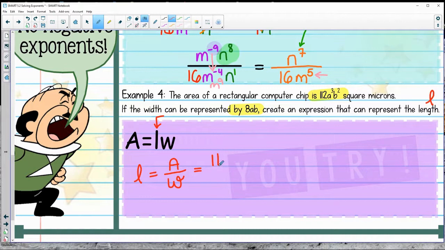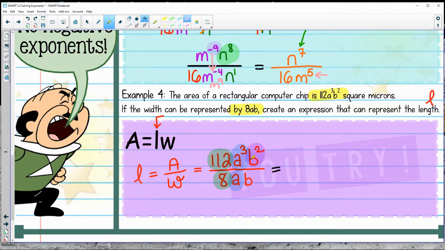The area was 112 a cubed b squared microns. And then I still have an 8, I have an a, and I have a b. And then it's going to be the same old exponent story. Try to simplify as much as you can. So we're going to divide 112 by 8, and we're going to subtract the exponents.